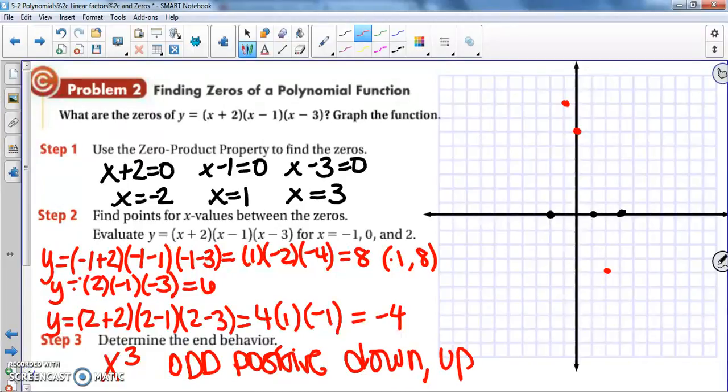So if we put this all together, my end behavior is like that, and my graph will look something like that.